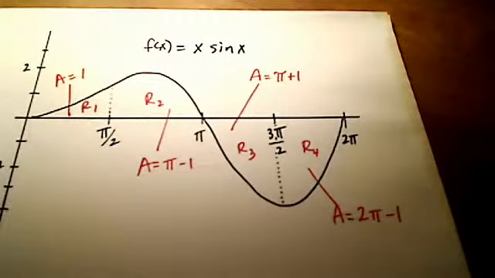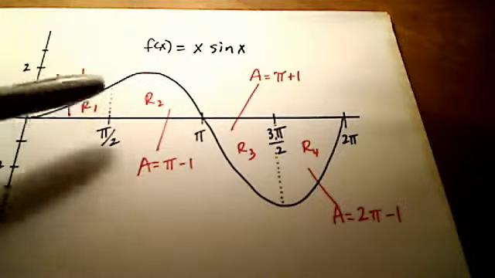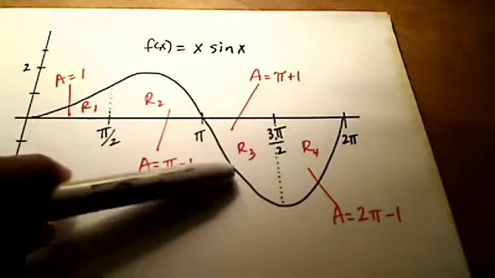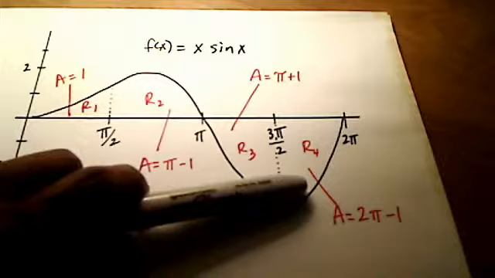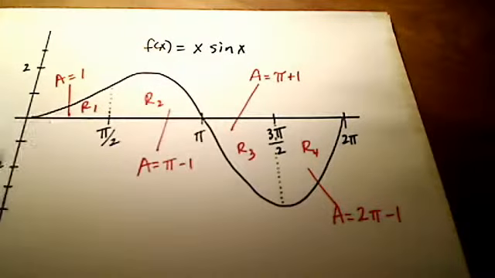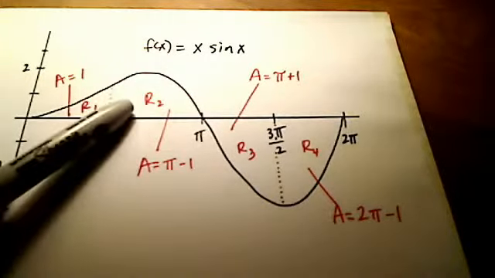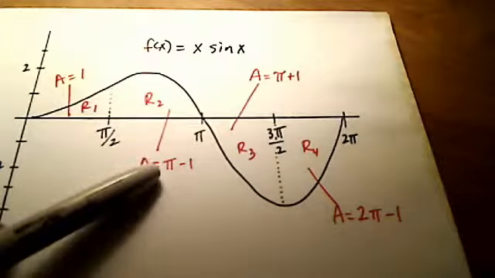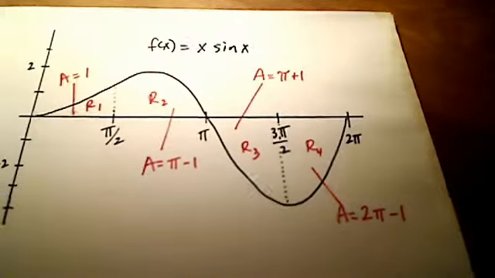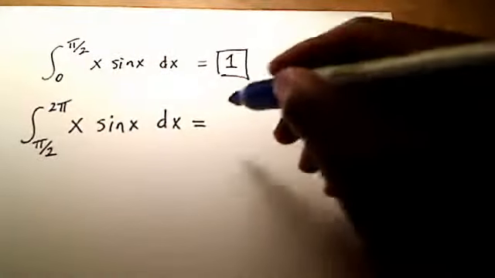Now, do you notice that region 2 is above the x-axis, right? Whereas regions 3 and 4 are below the x-axis, all right, below our x here. So if that's the case, then we're going to simply take region 2, whose area is pi minus 1. Okay, we'll start with that right here.